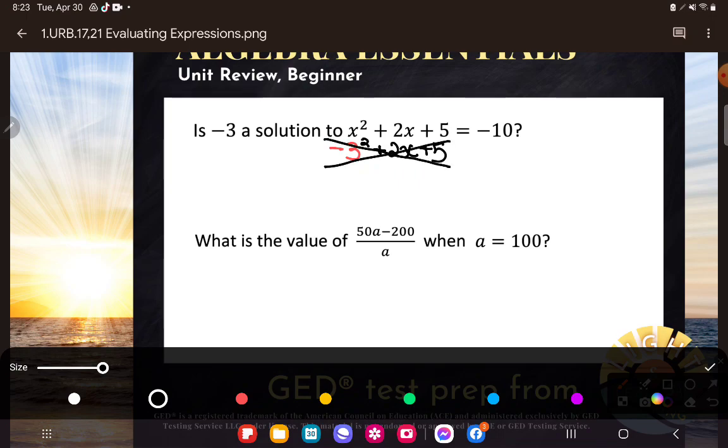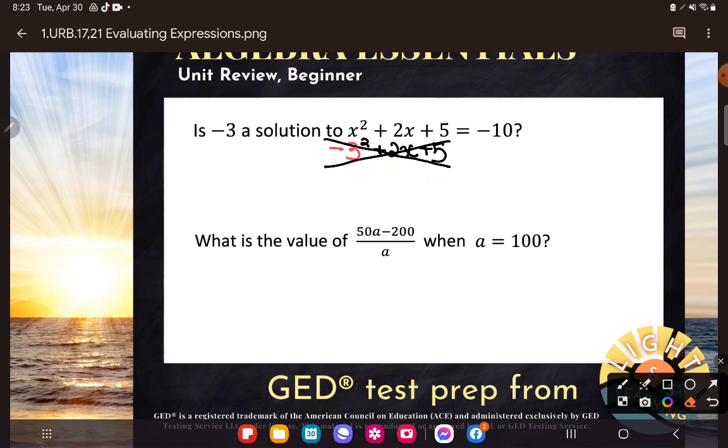It doesn't always happen that you get a wrong answer, but this is one of those cases where you absolutely will. So super duper important that you remember when you are plugging in here to these exponential expressions, the exponents, with that negative, you use the parentheses around the negative number.